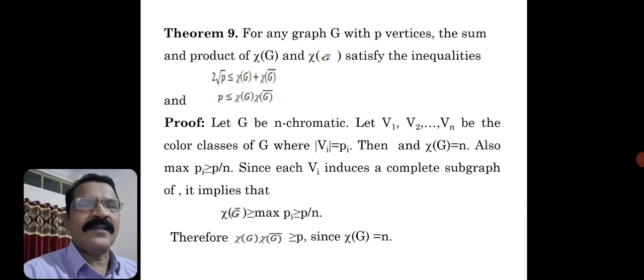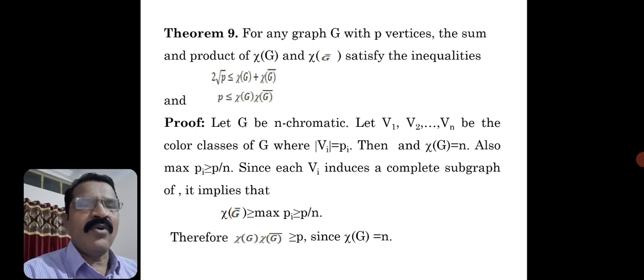So for that reason, let V1, V2 and so on, Vn be the color classes of G. V1 is the set of vertices of the same color, V2 is the set of vertices of the same color, in the sense one set is with red color, another set is with blue color, like that.